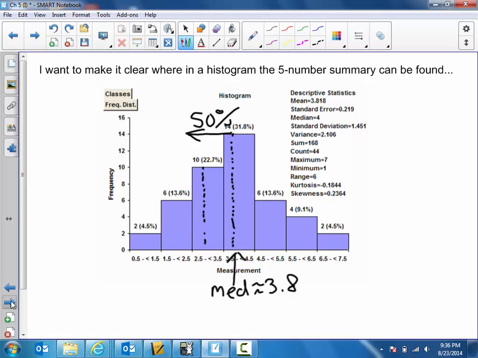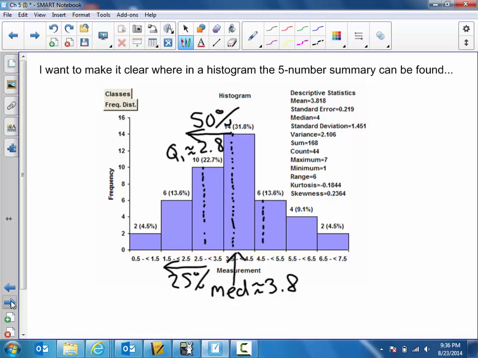So we have split the area of the distribution to the left of the median. That would be all of this right in here. The distribution to the left of the median, we split that in half to get quartile 1, which appears to be at about 2.8. And so that is where 25% of the data is less than that point.